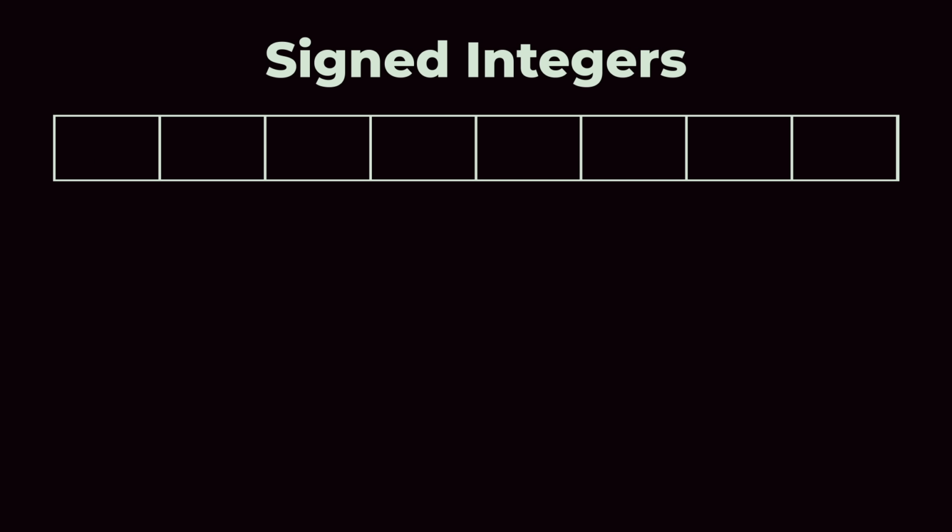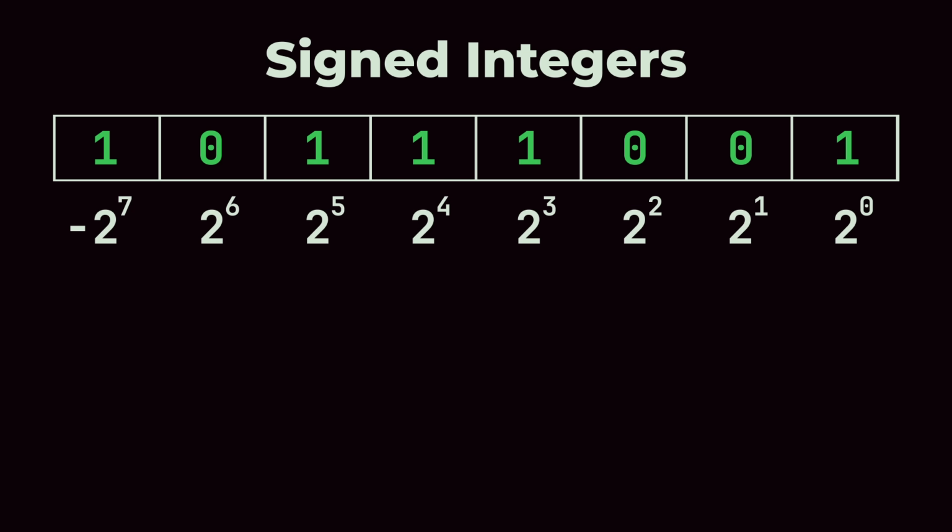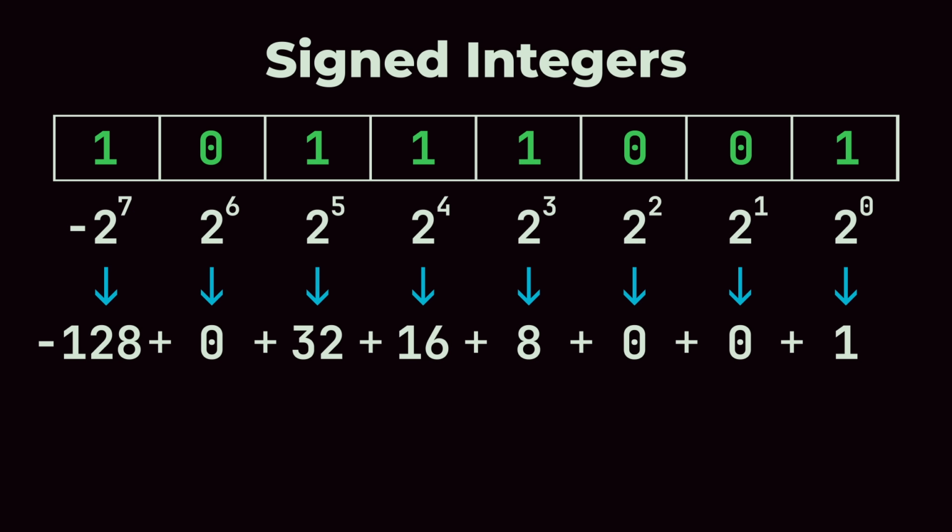So let's take a look at the binary value from before again. And like before, each bit represents a power of 2, but with one small difference. The most significant bit in the 2's complement format is negative. So if we evaluate what this bit contributes, this time it's minus 128, and the rest just stays the same.